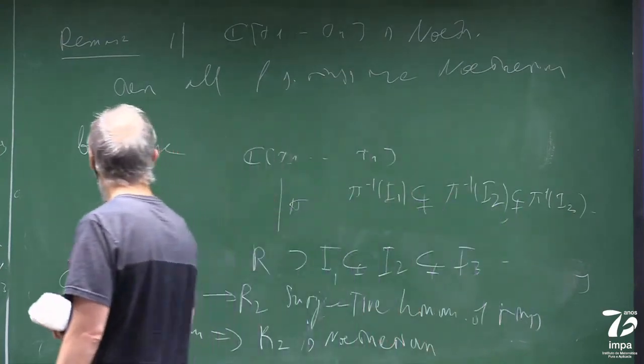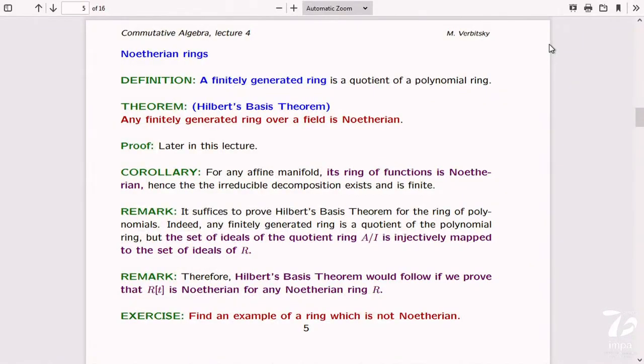Okay. Now, to prove Hilbert basis theorem, we just need to prove Noetherianity for polynomial rings.